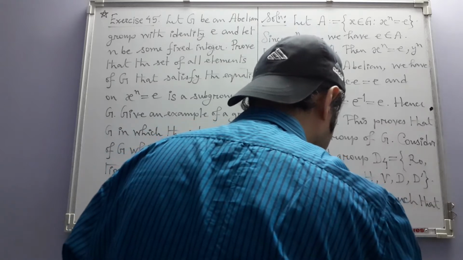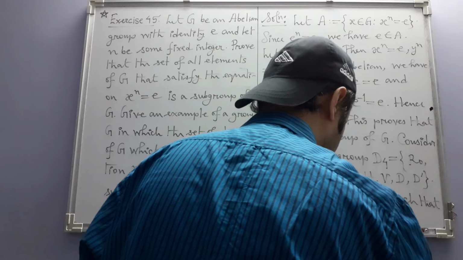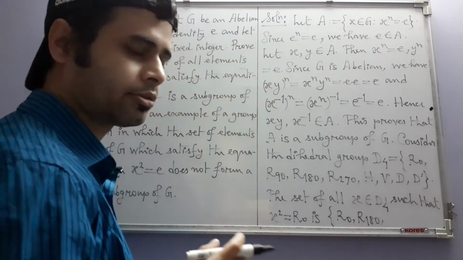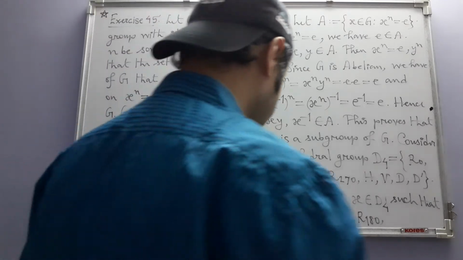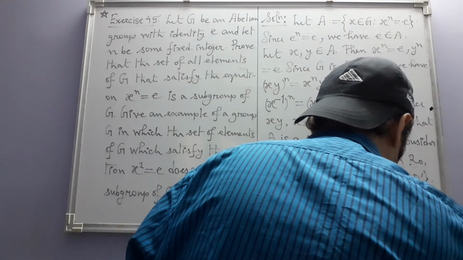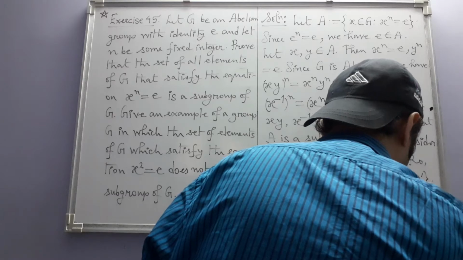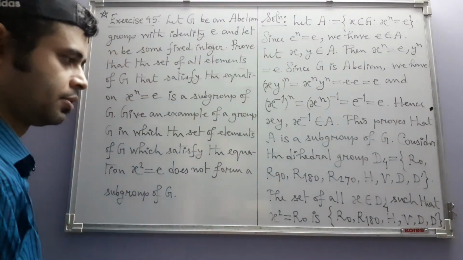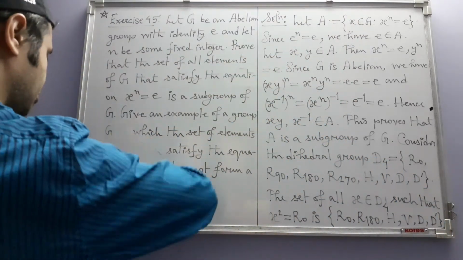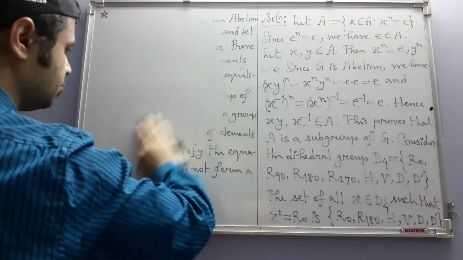R0 of course will be there, R180 is also there because it's a rotation with order 2, and then all the reflections are there, H, V, D and D prime. Okay, but this is not a subgroup of D4. Why? Because it's not closed under the operation in D4.